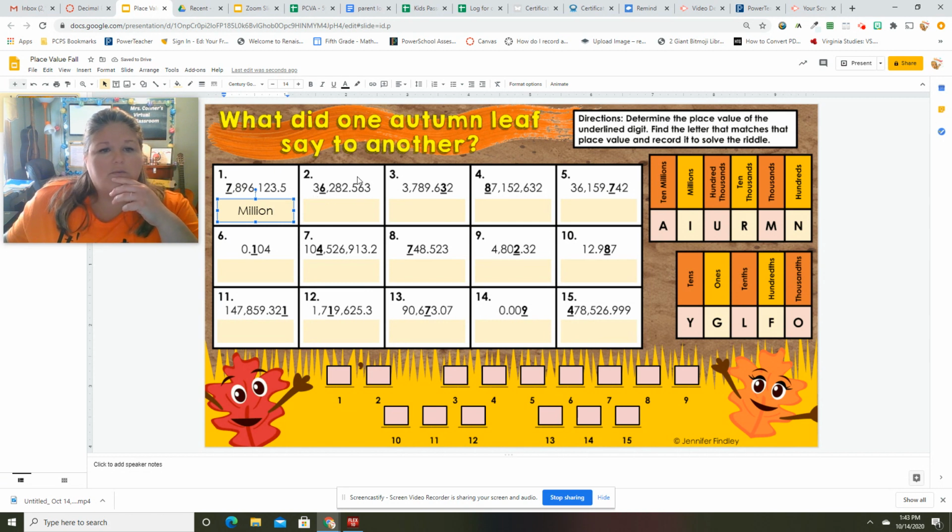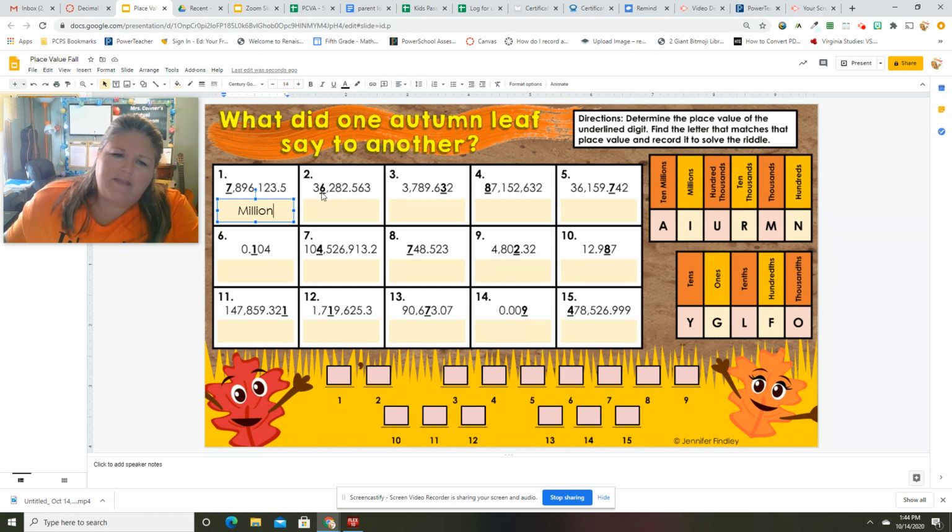So looking at this number right here, 36,282 and 563 thousandths. Because remember, this is what we talked about. We look at that decimal and use our trick of putting the 1 under the decimal and filling in the zeros to know if we say tens, hundreds, or thousands with decimals.